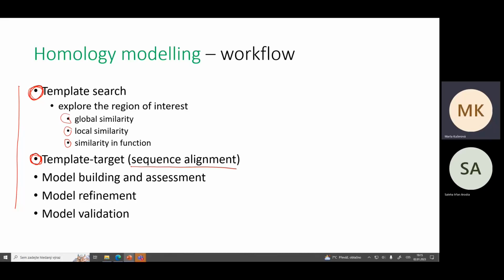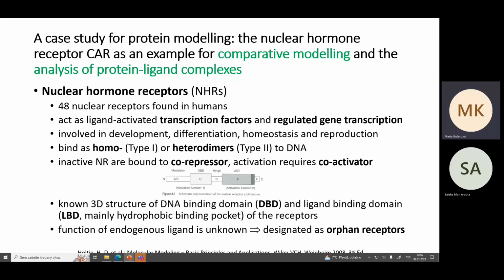And then we are able to predict the 3D structure of the protein. There are other two steps in the homology modeling, which is the model refinement, like checking if the structure is correct, and the last step is the model validation. So this is the general workflow of homology modeling, and I have an example where it was used.